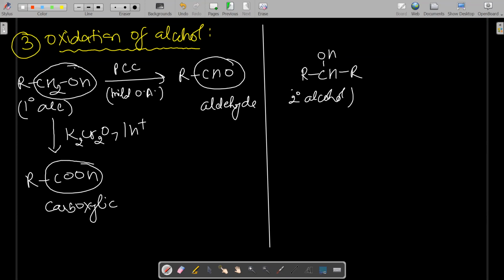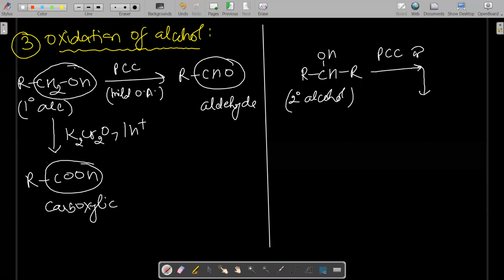Secondary alcohol, when it will be oxidized, whether in the presence of PCC or in the presence of K2Cr2O7, whether it's a strong oxidizing agent or mild oxidizing agent, it converts into what?